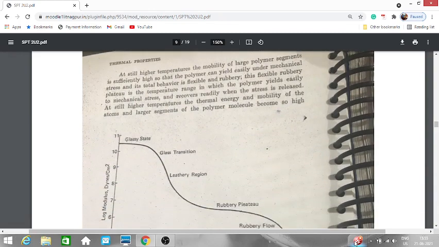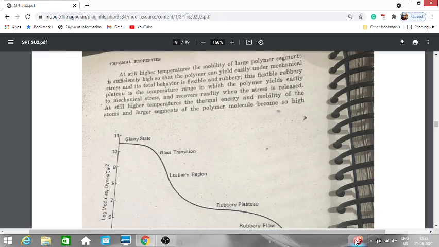At still higher temperature, the mobility of large polymer segments is sufficiently high so that the polymer can yield easily under mechanical stress, and its total behavior is flexible and rubbery.